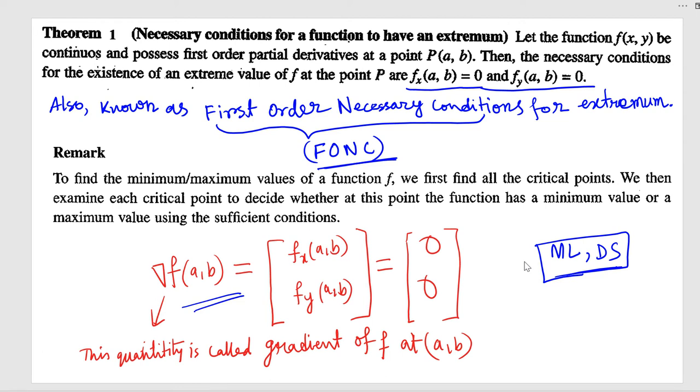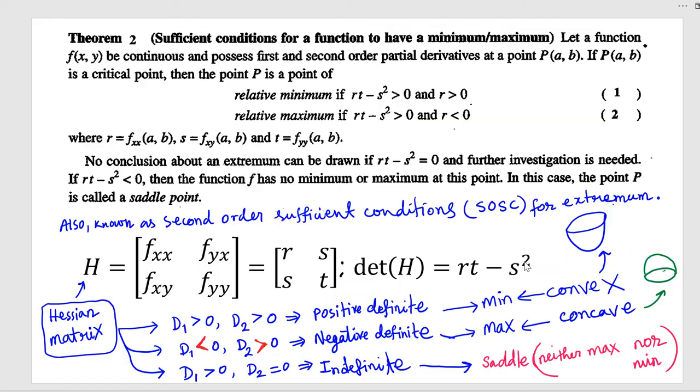After this you will try to solve for the values of a and b. If you can find them, you can then say whether this a and b is a maximum point or a minimum point. For that you have to understand the second order sufficient conditions, for which you calculate the second order partial derivatives.